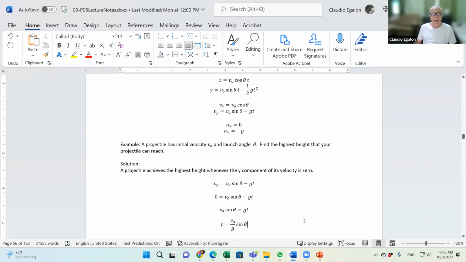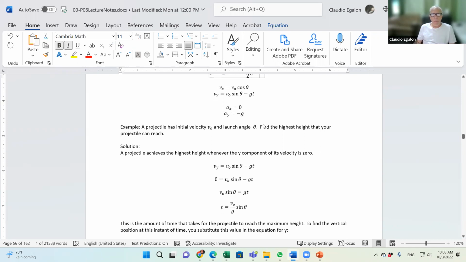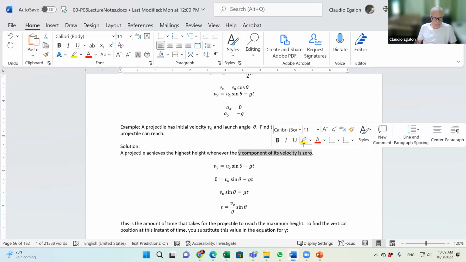And then what do we need? It took this amount of time to reach the highest point of the trajectory. So what do you have to do? To find the value of the highest point of the trajectory, you substitute this value for t in this equation for y. So the key piece of information here is the y component of the velocity.